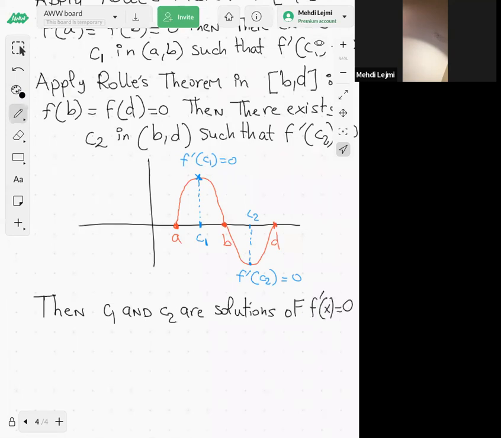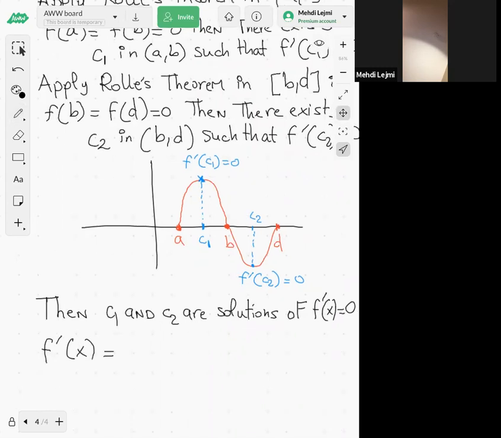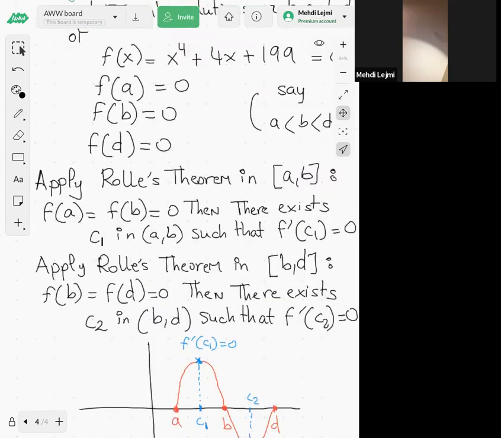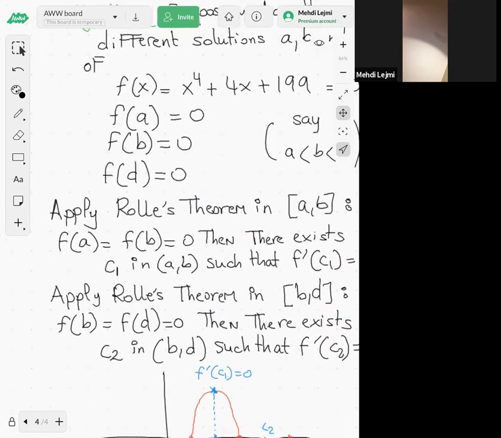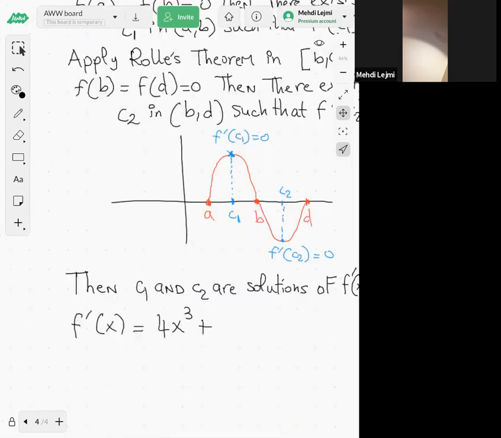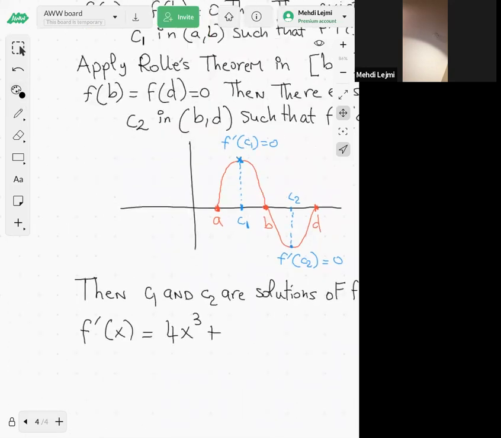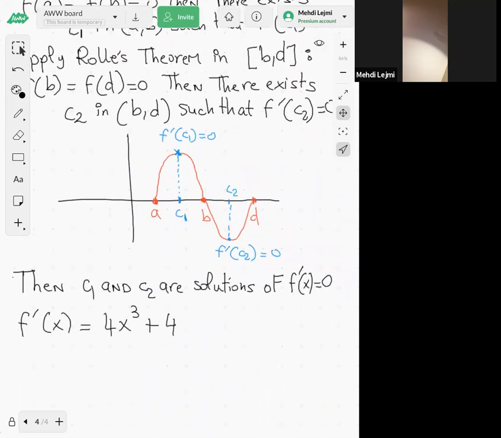Now, let's see if we can have two solutions of f prime of x equal to 0. So what's f prime of x? f of x was x fourth plus 4x plus 199. So f prime of x is 4x cubed plus 4, and the derivative of 199 is 0.